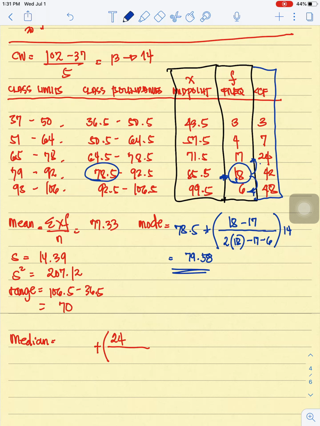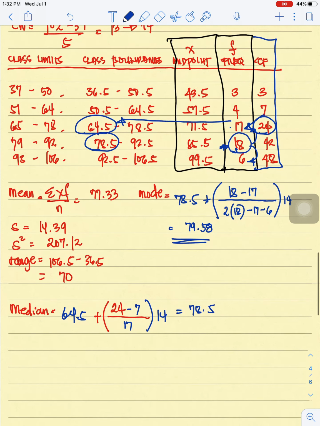So 24 is here. For 24 minus the upper value, we have there 7, divided by the frequency at the row below, this is 17, then multiplied by the class width of 14, plus of course the lower class boundary, we have here 64.5.